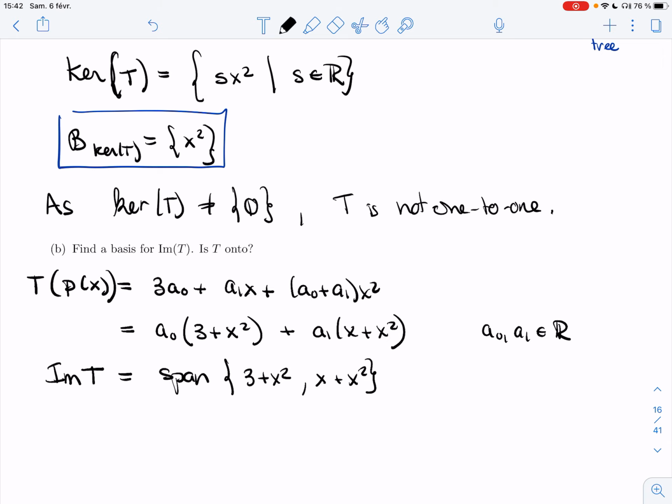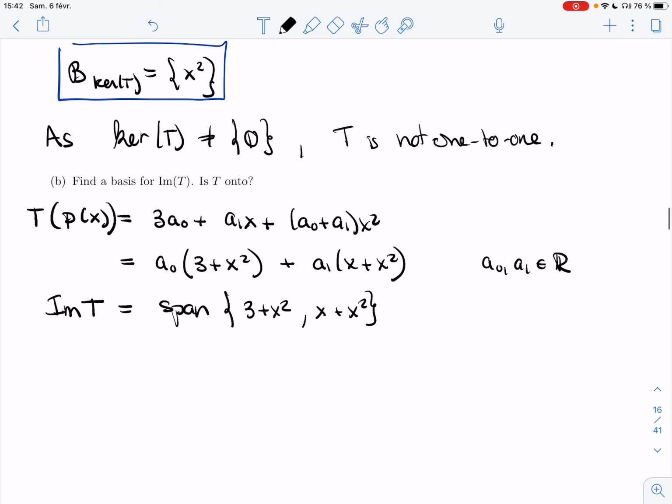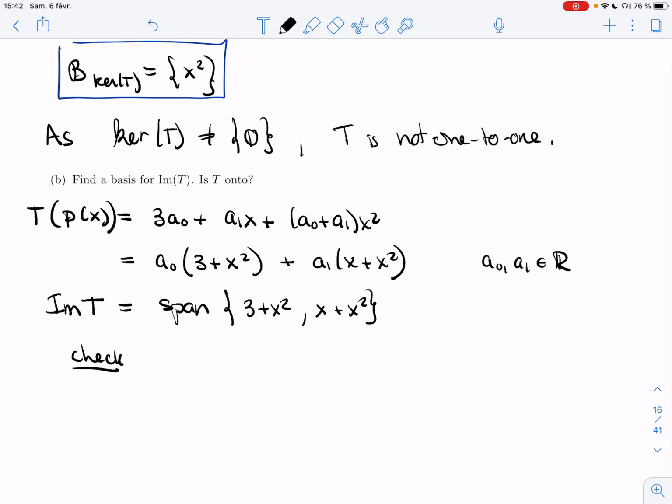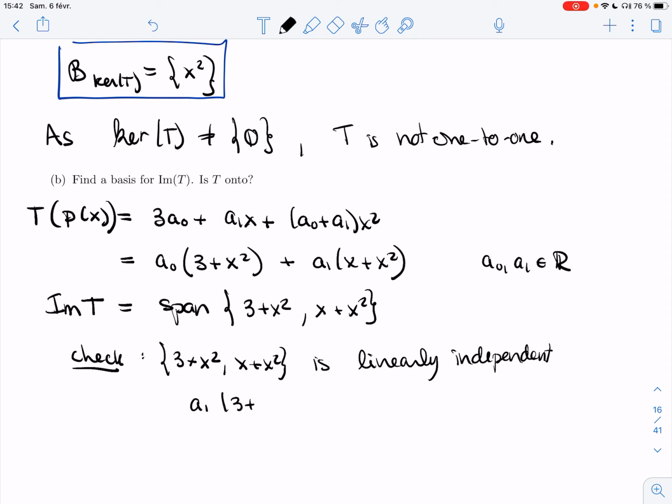I want it to be a basis, so I need to check that it's linearly independent. I'm going to assume, let's call it a and b, a times (3 plus x squared) plus b times (x plus x squared) equals 0.